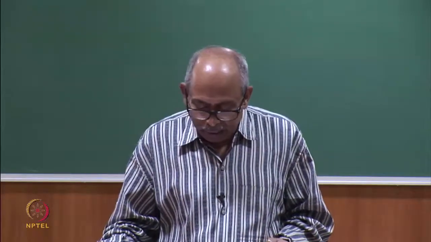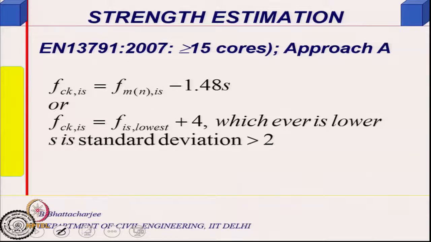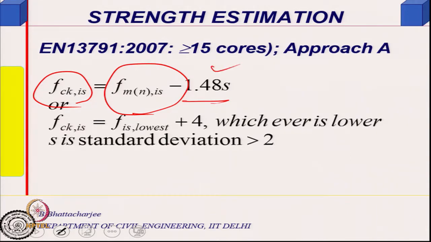So, it says that if you have more than 15 cores, find out the mean in situ strength. So, with 16, 17 cores you have found the mean in situ strength, then FCK in situ is given by the mean in situ strength minus 1.48 standard deviation. This is that Z value or equivalent T value or whatever it is, they have suggested this value.